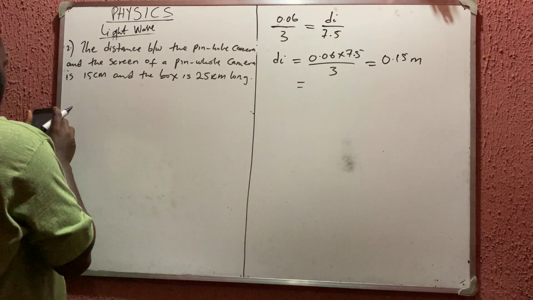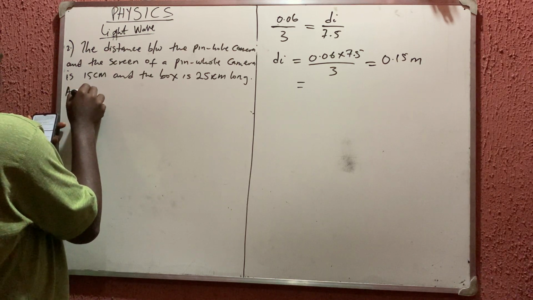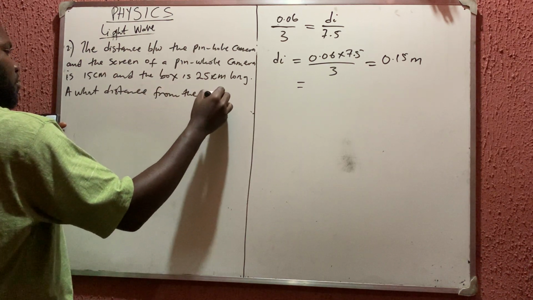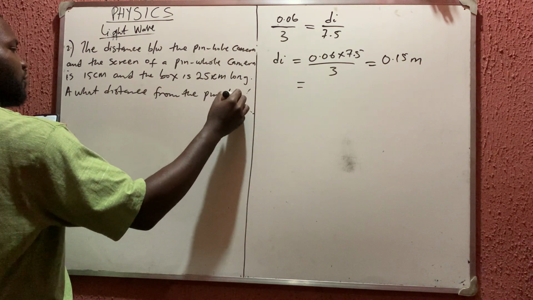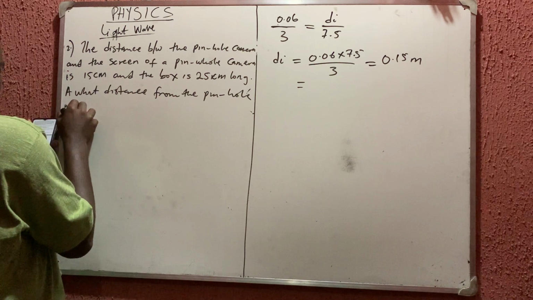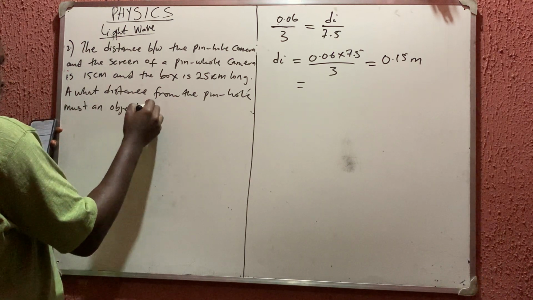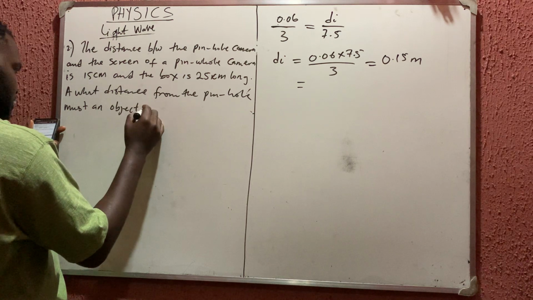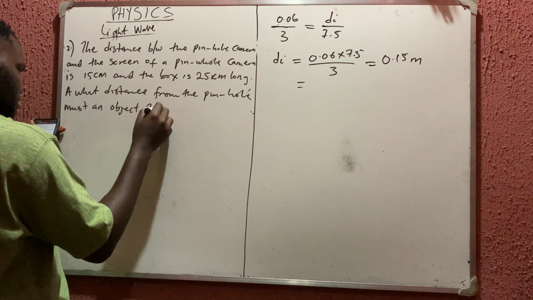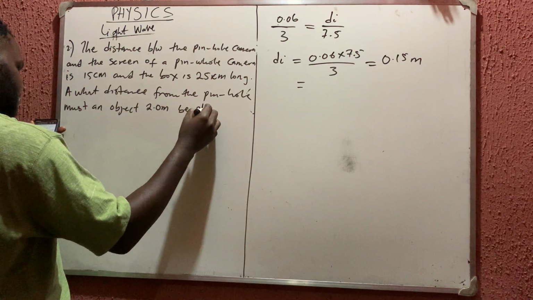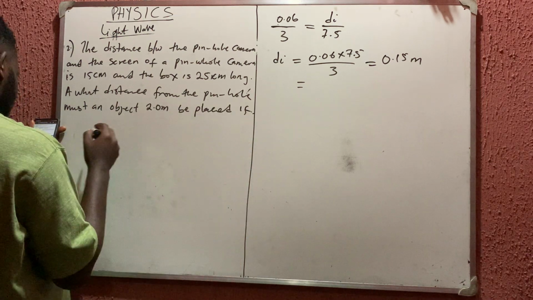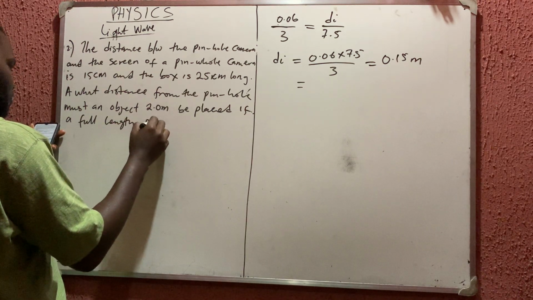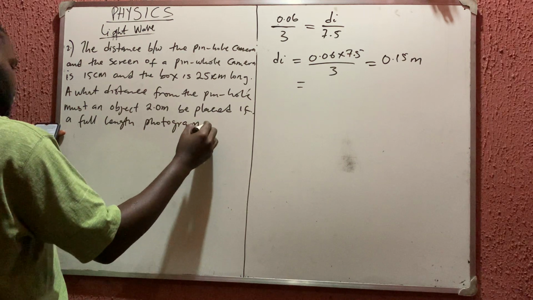Then I say at what distance from the pinhole must an object 2.0 meter be placed if a full length photograph is required.